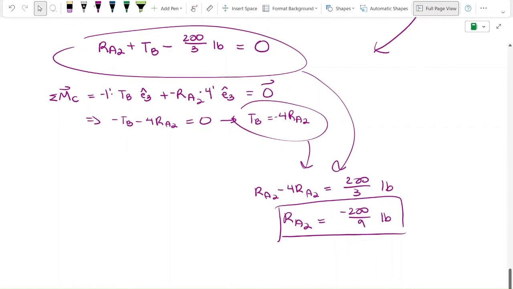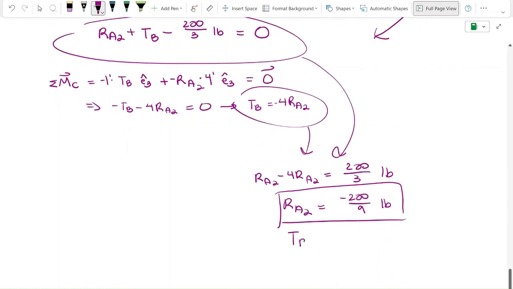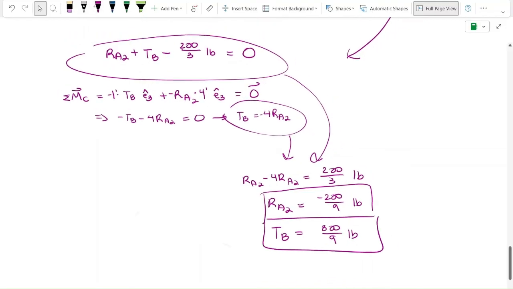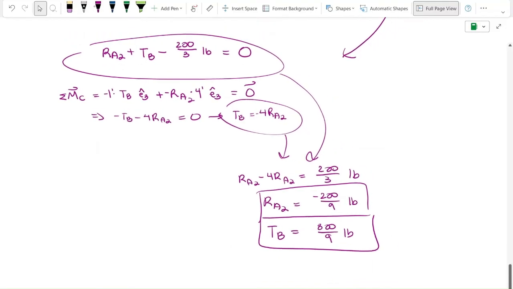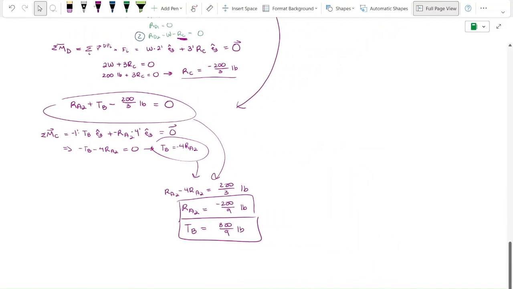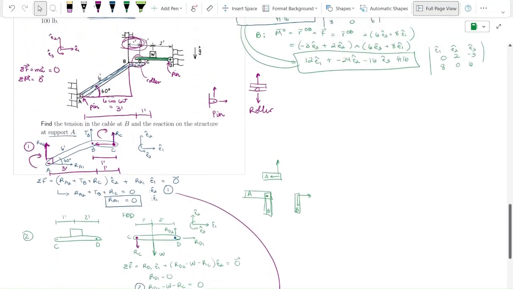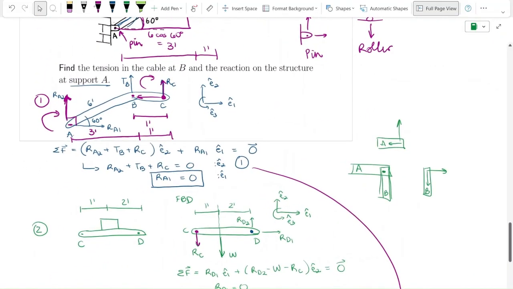And then similarly, now we can solve for TB, because TB is equal to negative 4 times RA2, which is just going to be 800 over 9 pounds. So those are the magnitudes, or those are the coefficients to the expressions we had up here from our sum of forces.